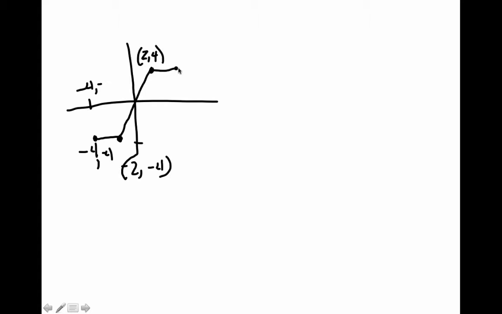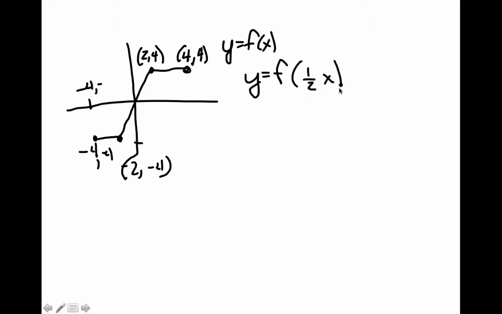And then it jogs over to the point 4 comma 4. Okay, if that's my function, I could graph the following transformation. So this is the function y equals f of x. And now I'm going to graph the transformation y equals f of 1/2 x.